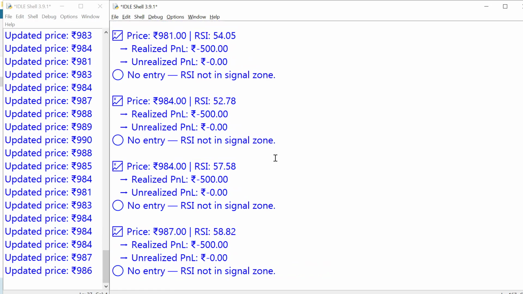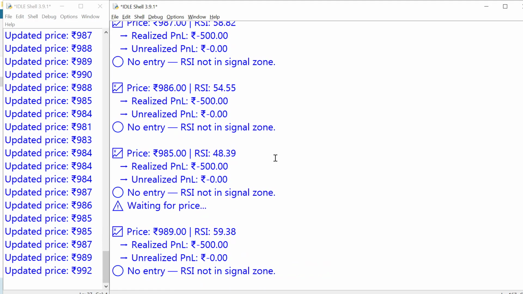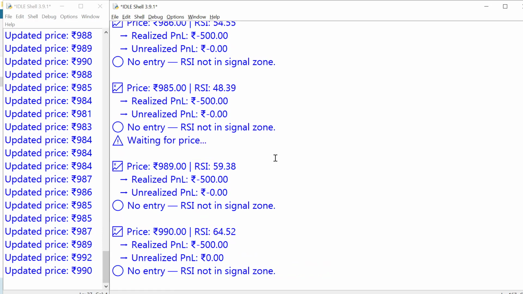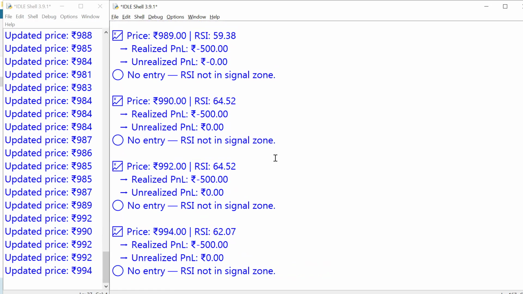We cannot even imagine. Now I have kept a delay cycle of almost 2.5 seconds, but in actual trade, this is like a blink. We kept it at 0.5 second or less than that also.